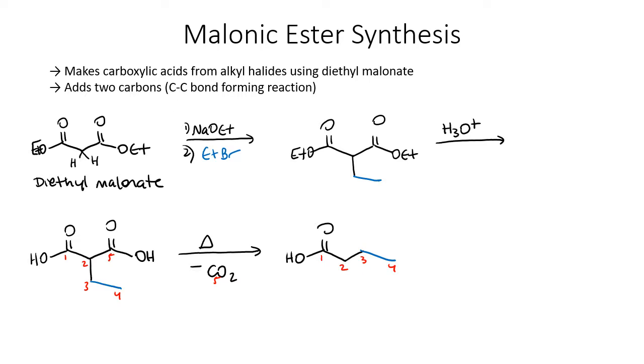Now, ultimately, for our final product, we have formed a carboxylic acid. From an alkyl halide, we've added 2 additional carbons as well. So on the next slide, we'll take a look at the mechanism for decarboxylation.